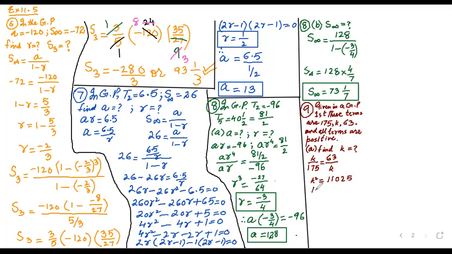So k will become equal to, taking the square root, 105. So this is the answer for part A.